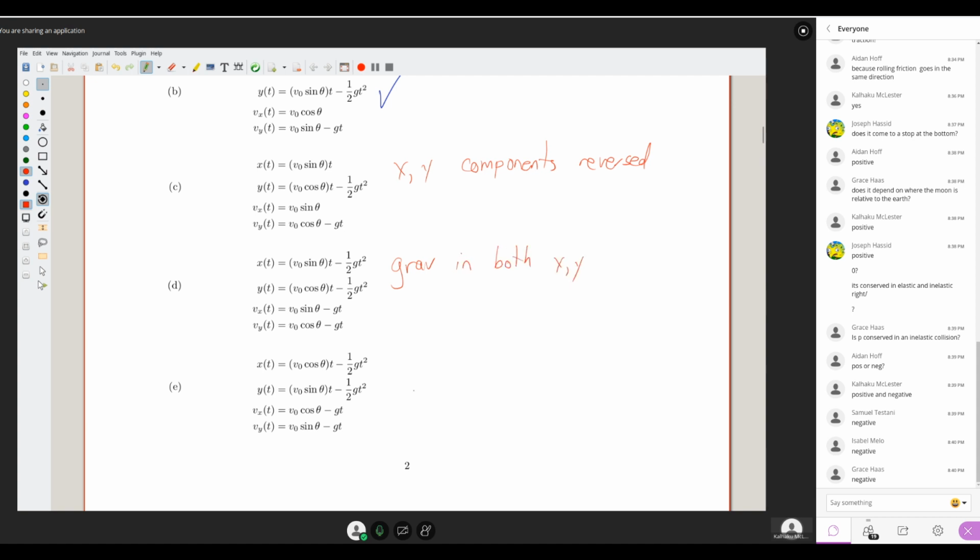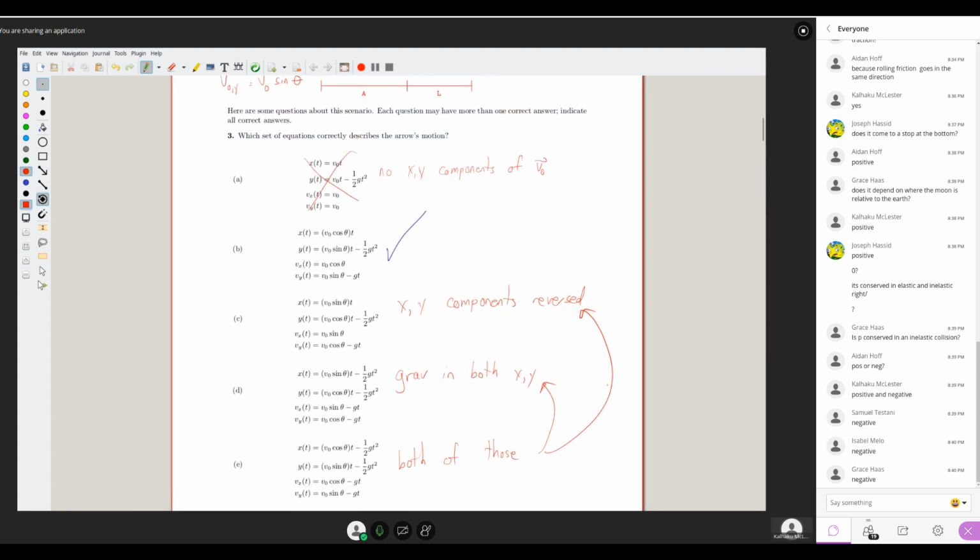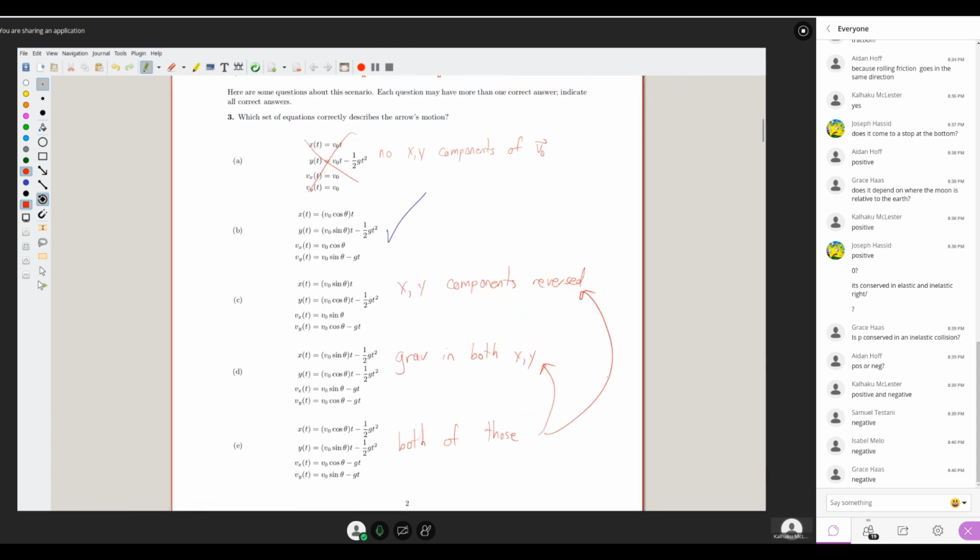And here, both of those are messed up. So that's pretty straightforward. Let's talk through the rest of this set, though.